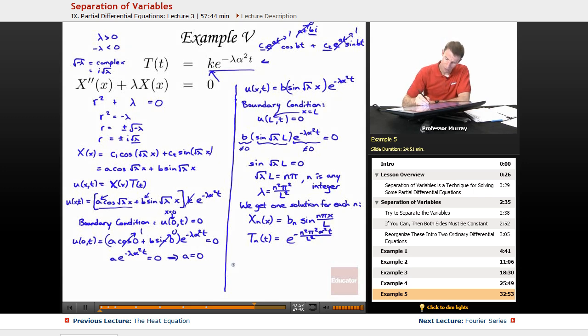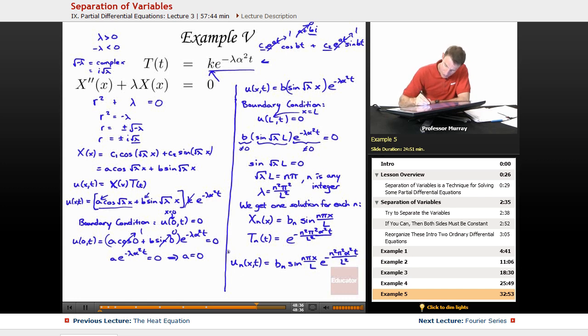And so ultimately I'm going to get one solution for each n. My u sub n of x, t is, remember, you multiply the x of x and the t of t. So I'm going to multiply these two things together. It's b sub n sine of n pi x over L, e to the negative n squared pi squared alpha squared t all divided by L squared.